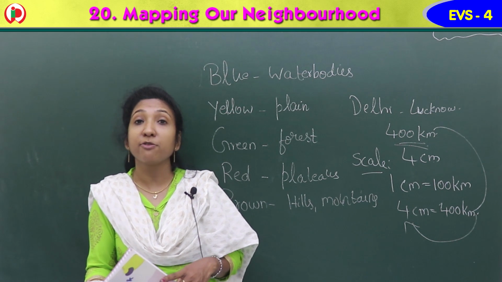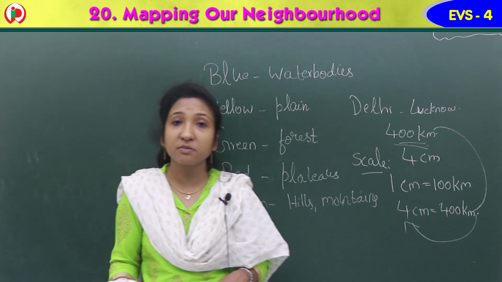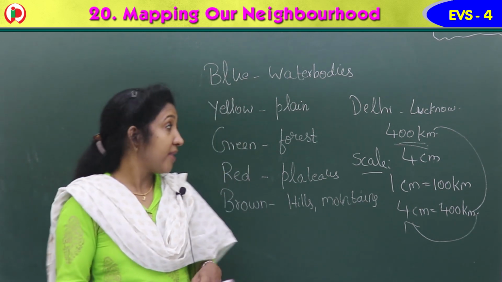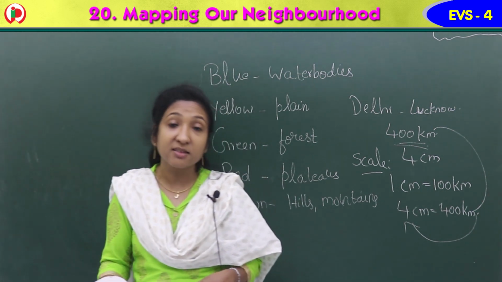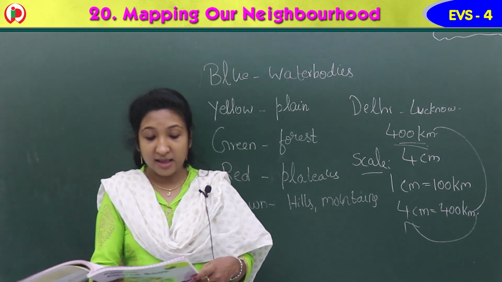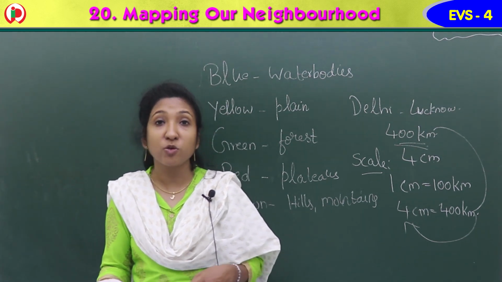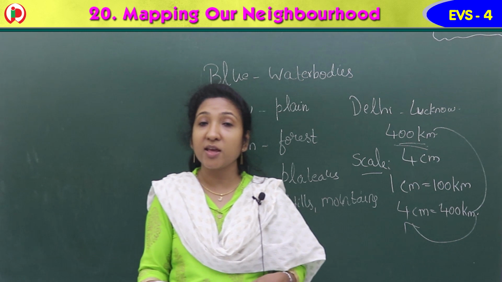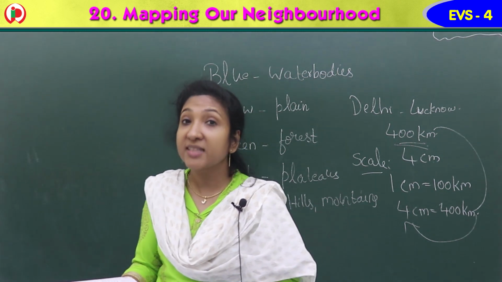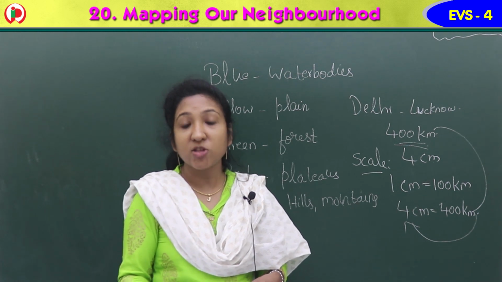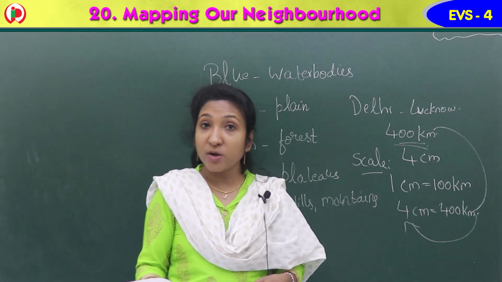And we learned about different types of maps. Political maps show the boundaries between countries, states, districts and important cities. Then we learned about vegetation maps, which show the vegetation of a region: forest, grassland, crops. Then a physical map shows physical features of a region like plains, mountains, rivers.